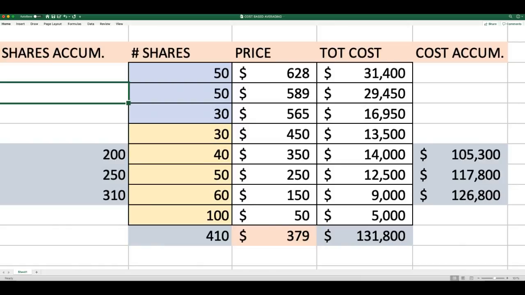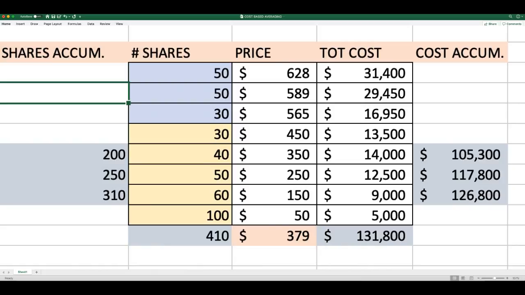No problem. We buy 30 shares at 450 for 13,500 and add that to the overall position. Then let's say it drops to 350. We add 40 shares at that point for 14,000, which is about the same amount, but we're adding 10 more shares. In gray is the total amount of shares we would have accumulated.